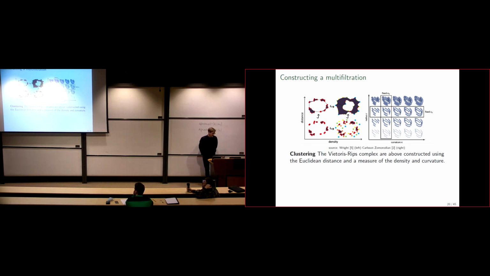Here we can see two examples of two filtrations. The first one is constructed using Euclidean distance and a density measure, and the second one is constructed using Euclidean distance and a curvature measure.